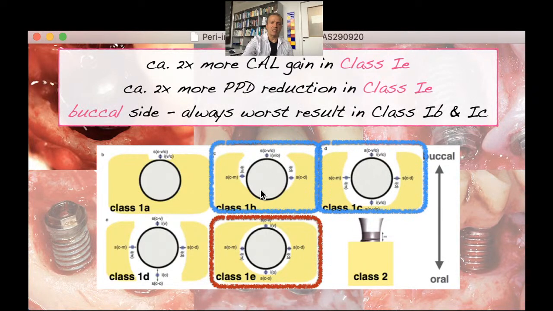So like these class 1B and 1C defects, where the buccal aspect of the defect is missing.